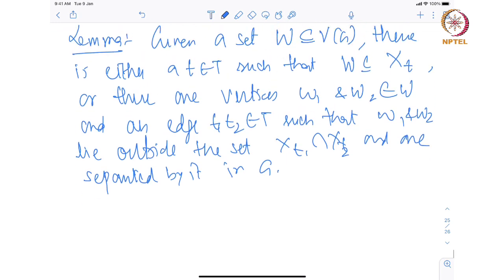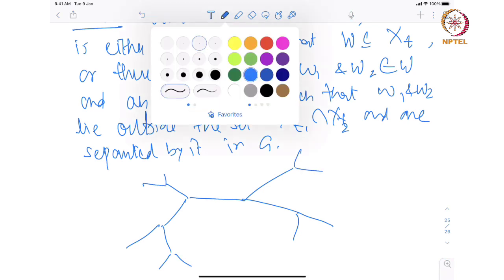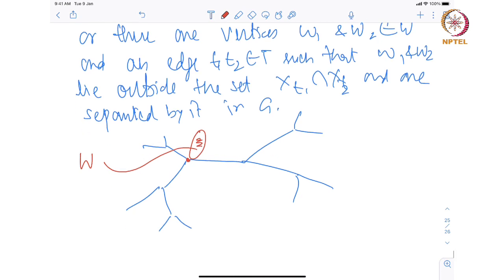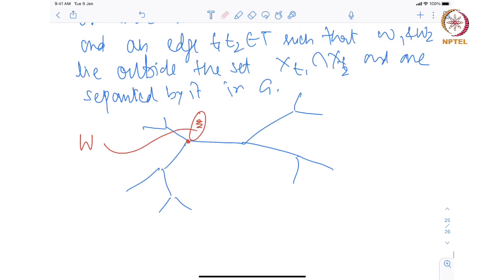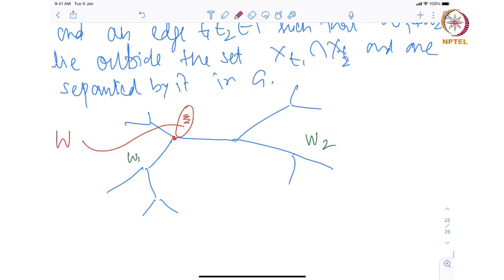So, let us try to understand what this tells us. Okay, so suppose this is my decomposition tree, and now you gave me a set W. So, either I will be able to find you one node, a bag, where W is completely contained inside this, or I will find you two vertices W1, W2, and an edge, right?